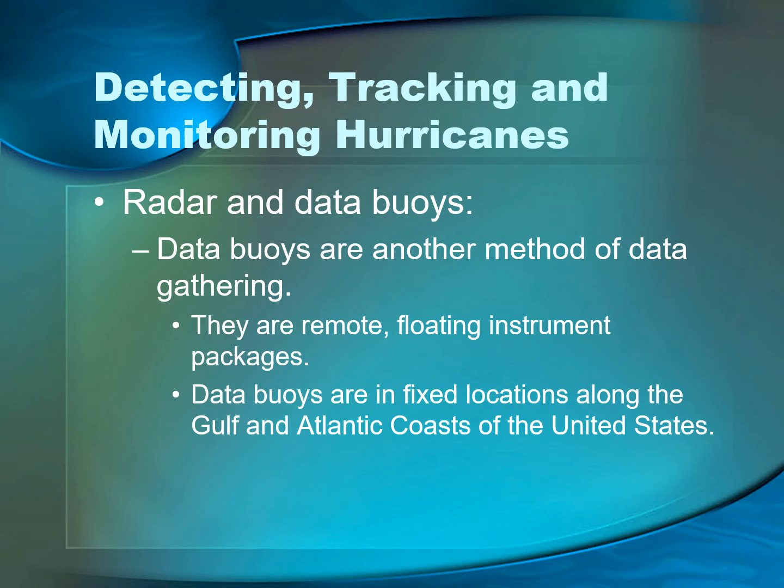Data buoys are in fixed locations along the Gulf and Atlantic coast of the United States. Of course, these things might occasionally stop working or get destroyed by a storm that comes through, but we have plenty of these things out there constantly monitoring what's going on in our oceans, trying to get a look at where we might have a tropical disturbance form.